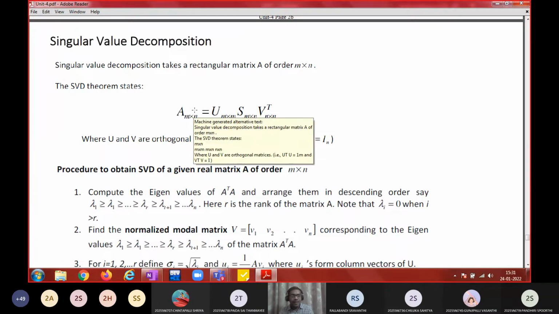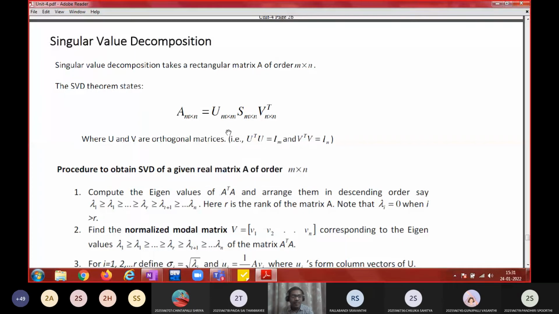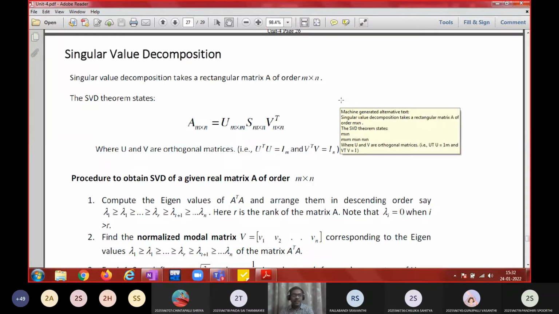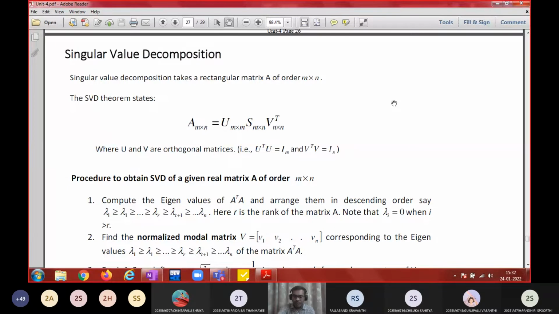It says that this can always be decomposed into U S V transpose. What are U and V? U and V are orthogonal matrices. What do we mean by an orthogonal matrix? A transpose A equals A A transpose equals I. That means U transpose U equals U U transpose equals I. Similarly for V. Both U and V are orthogonal matrices. So every matrix can be expressed as U S V transpose.